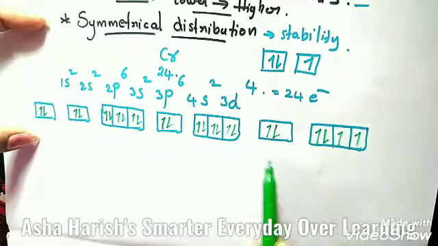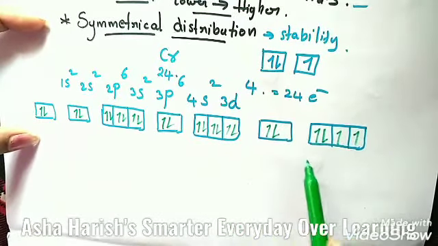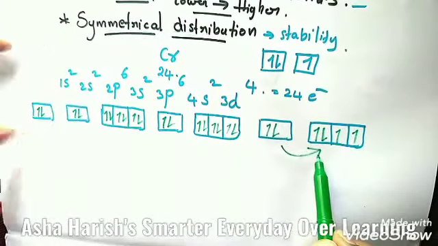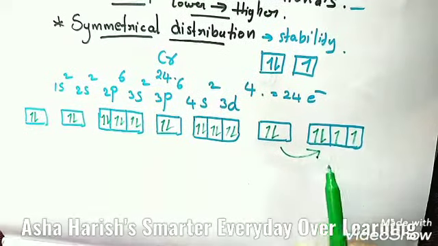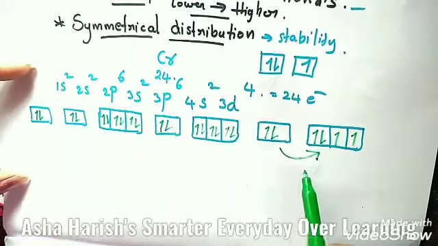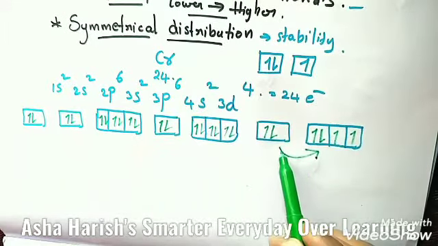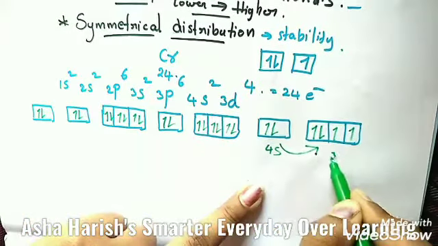But if one of the 4s electrons shifts to the vacant 3d orbital, the distribution of the electrons will become more symmetrical, and this will give extra stability. Therefore, the electron shifts from this 4s orbital to this 3d orbital.